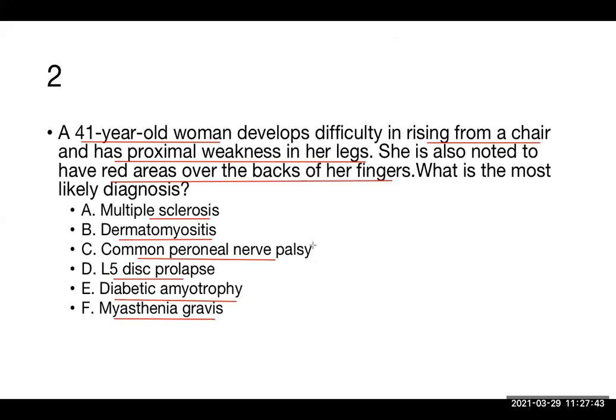Now, let me tell you one very interesting case which happened in one of my distant relatives, not a very close relative, but a distant relative. She is a girl, 15 years of age, and in her the diagnosis was made not in the beginning, but a bit later.